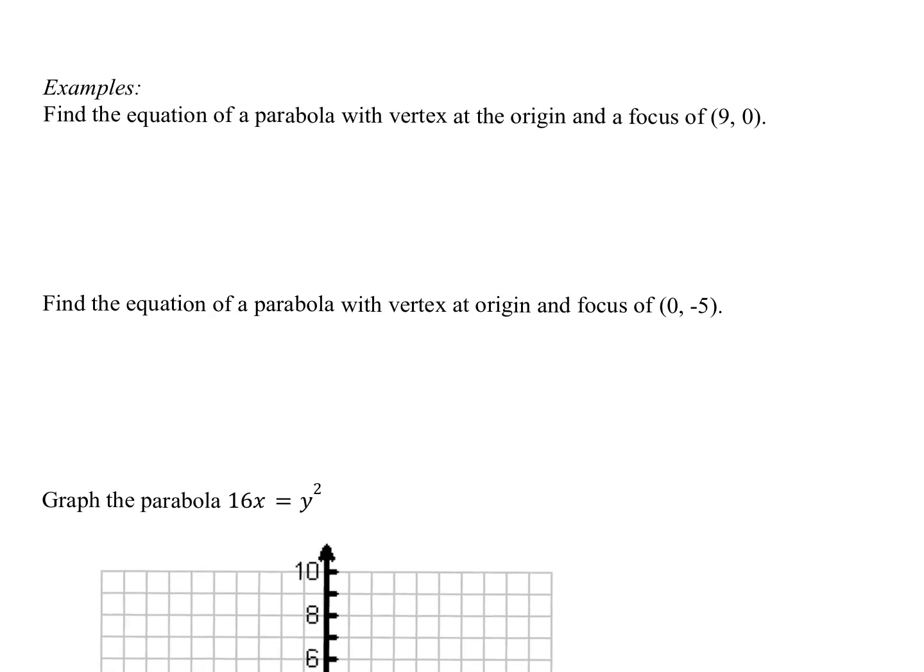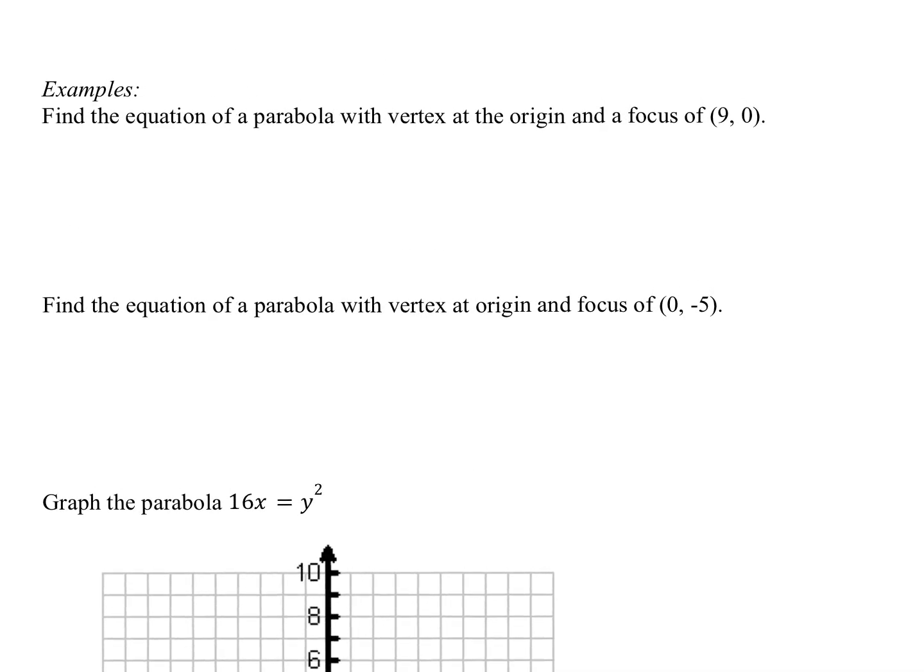In our first example, we want to find the equation of a parabola with a vertex at the origin, so that means 0, 0, and a focus of 9, 0. What I like to do, if I'm just given points, is use them to help me determine which direction my parabola is going to open, because the focus will always be inside the parabola.